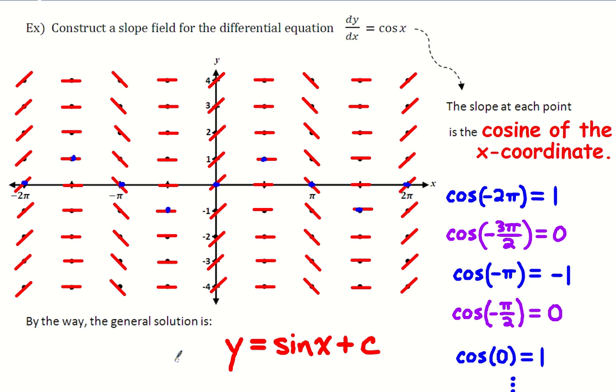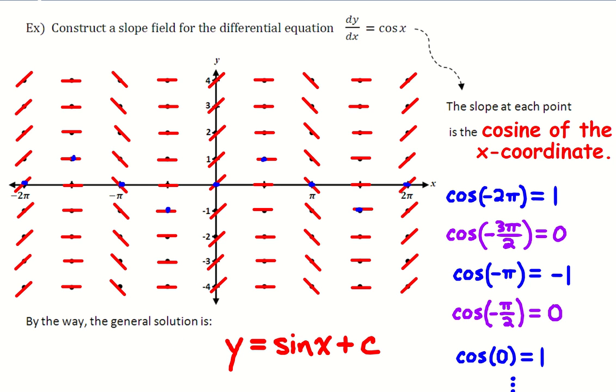That doesn't happen a lot, where you could point out so many of these actual segments that you graphed in the slope field that could all be connected to one particular solution, like in this case where your c value was 0.